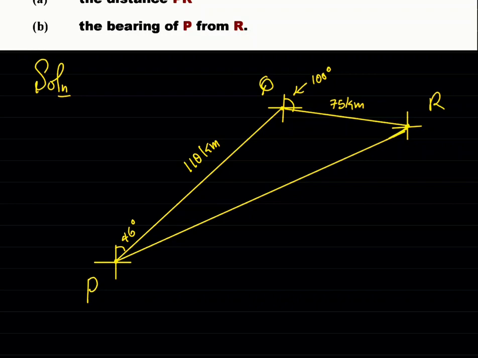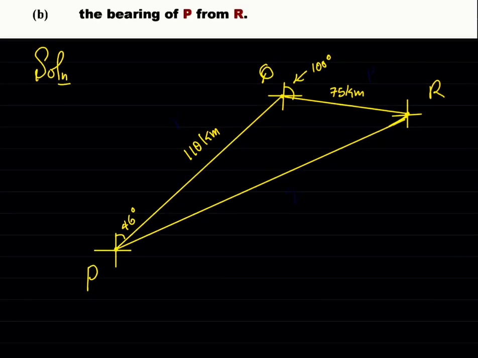Now, listen, in a triangle, this is how the orientation is. Remember, capital letters represent the angles, in this case the vertices, and the small letters represent the sides. So the side facing R is small r, the side facing Q is small q, and the side facing P is small p.